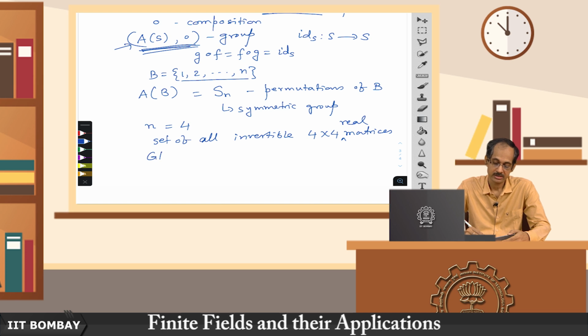Okay. So, that is denoted by GL4, GLn in general, GL4 of R, real elements. So, R and 4 because it is 4 by 4 matrices. This is called general linear group.